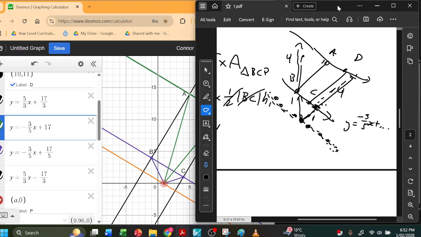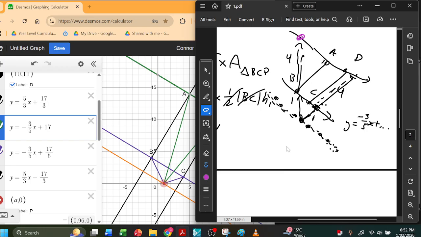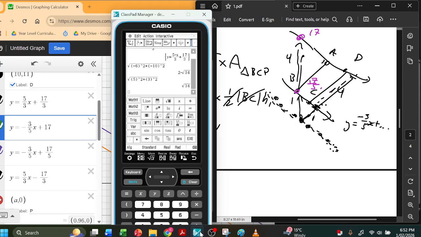So if we get back to this diagram here, this point here on the y-axis is 17, and this point here on the y-axis is 17/5, which means that the difference between those 2 points is just 17 minus 17/5.